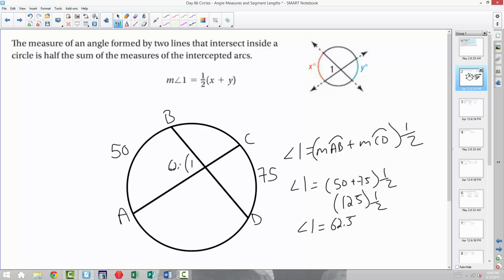So this is 62.5, this is 62.5, and don't forget that angle 2 is linear to angle 1, so I can do 180 minus 62.5 and get 117.5. So angle 2 is 117.5. This is 117.5. So to get the angle formed by two intersecting chords that do not meet at the center of a circle, you take the sum of the intercepted arcs and then divide by 2.